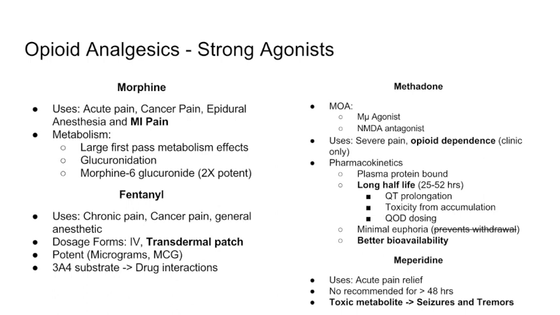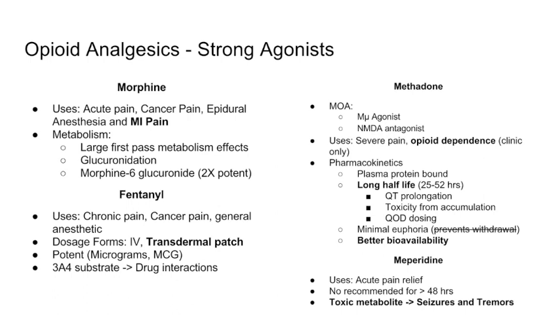There's a big first pass metabolism. It is heavily broken down in the liver. I know I said that it doesn't have the liver interactions of the CYP system, but it's still metabolized in the liver, and so you will end up giving higher doses of morphine. Morphine tends to be one of the less potent opioids that require higher doses to get certain levels of pain relief.